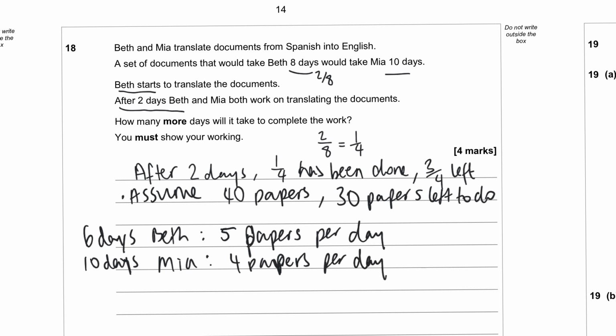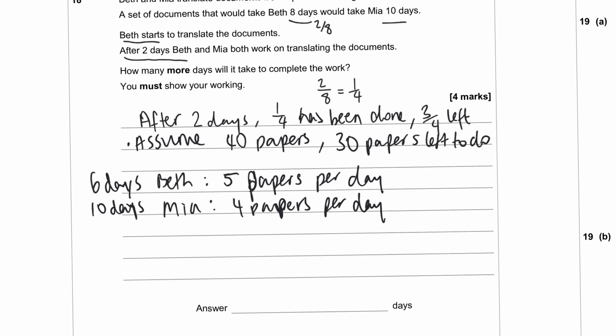Okay, so in order to work out how many more days it will take to complete the work, we would have to do 40, sorry, not 40, 30, because there were 30 papers left.